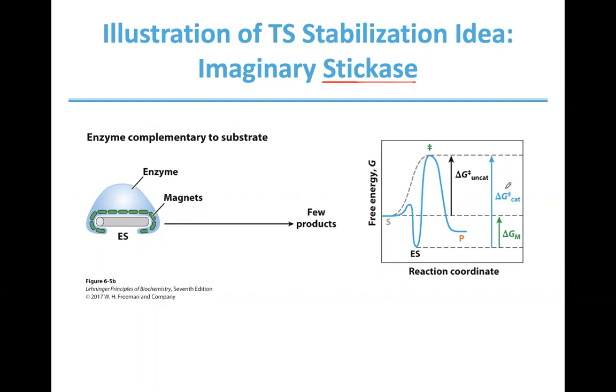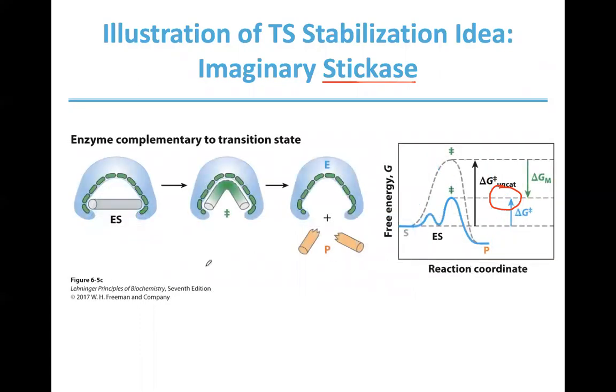You can see here, it's given by this delta G of the transition state of the catalyzed reaction. And you can see for the uncatalyzed, it's even actually better, right? It's actually better for this reaction to be uncatalyzed than catalyzed. So what needs to be done is you have to have an enzyme where there is a binding site which can accommodate the stick, but there's an even better binding site which can accommodate the bent stick, right?